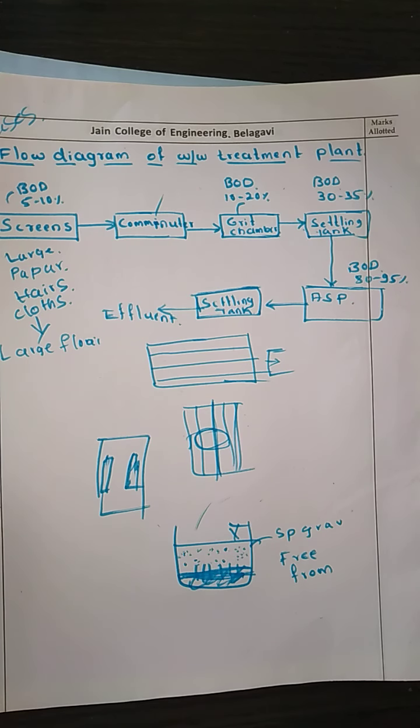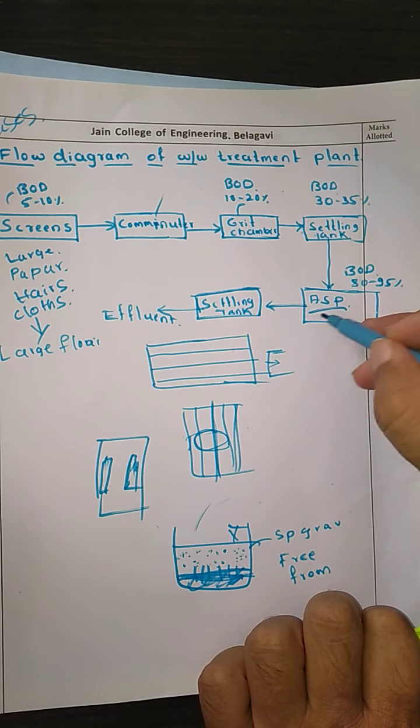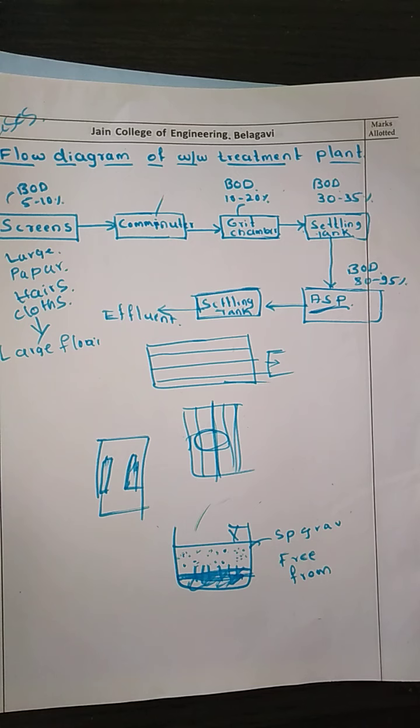Now, your activated sludge process. This ASP stands for activated sludge process. The effluent coming out from your primary sedimentation tank gets mixed with the activated sludge which is present here.